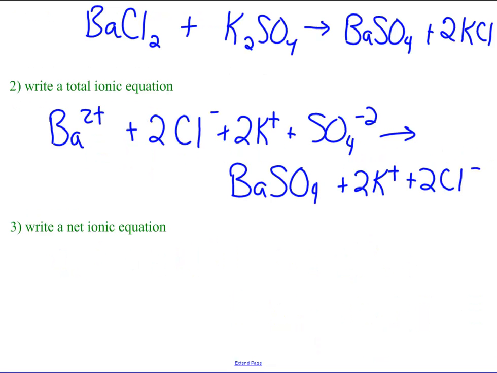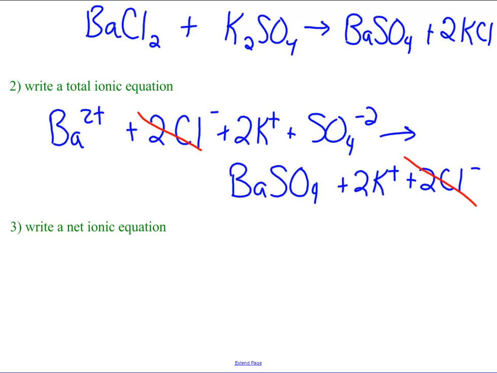The third thing we need to do now is write the net ionic equation. From our total ionic equation, the easiest thing to do is to find the spectator ions and cross them off. A spectator ion, again, is something that doesn't change from the reactant side to the product side. So if I take a look at this total ionic equation, the chloride ions present on the reactant side are also present on the product side, so I can cancel them out.